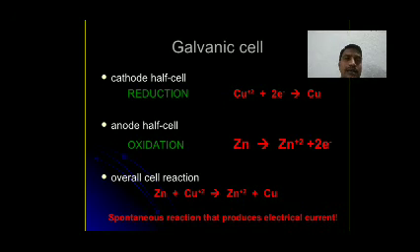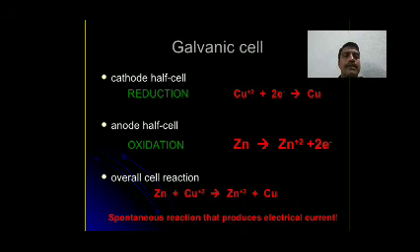These anodic and cathodic halves of the cell are connected with a salt bridge. The salt bridge is represented by two vertical lines. Zn; Zn plus 2, zinc, one vertical line. This single vertical line indicates the anode. Cu plus 2, single vertical line, Cu.